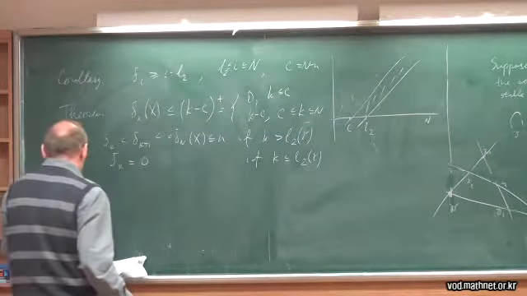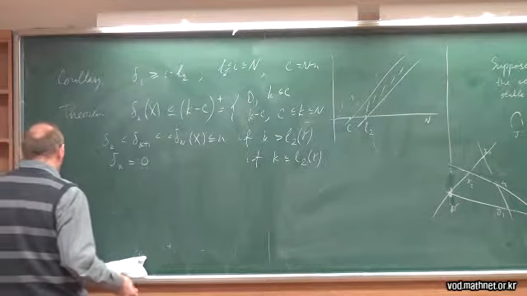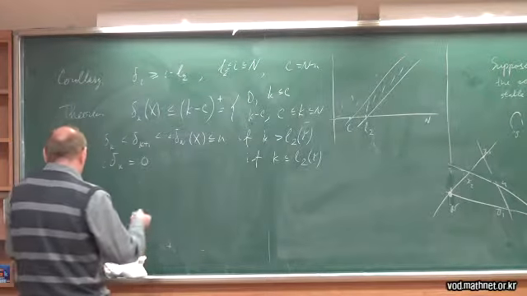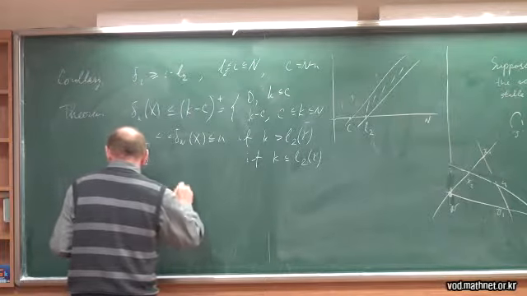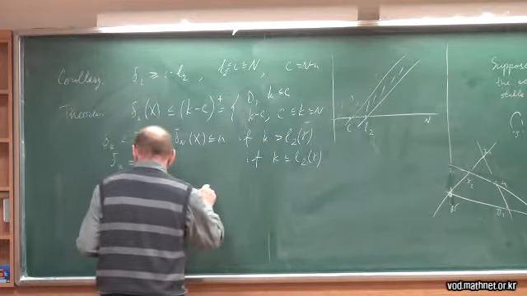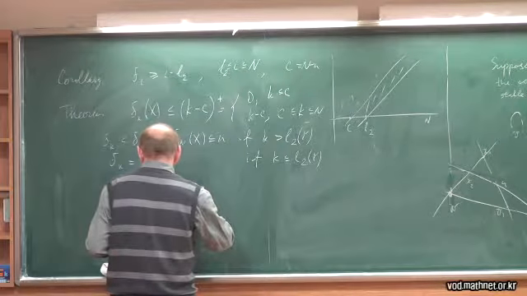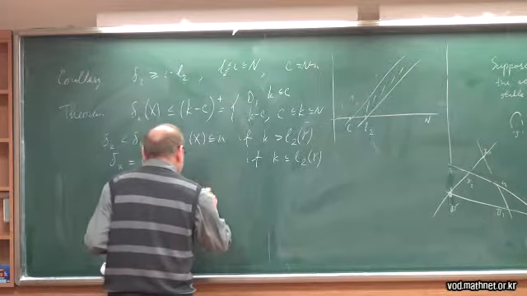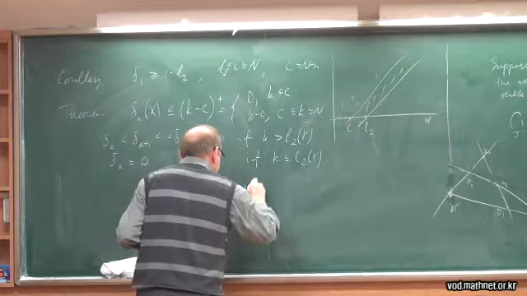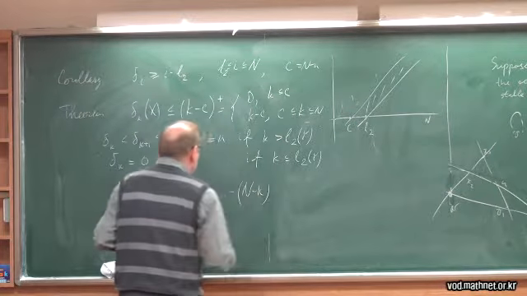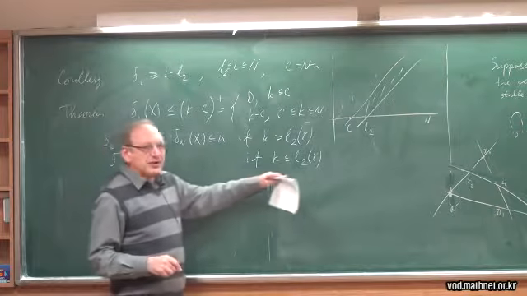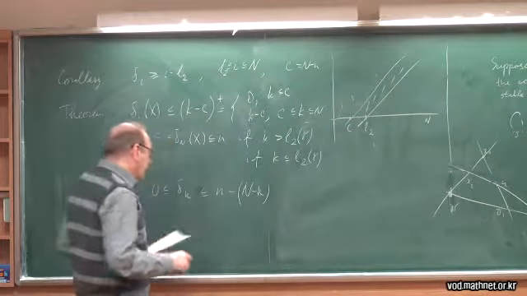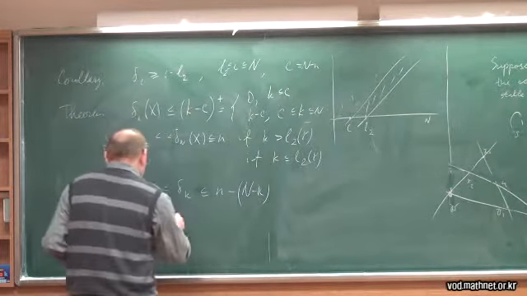And so from this it immediately follows that, because this means that delta L2 plus 1 is at least 1, and so on, and we get these inequalities.